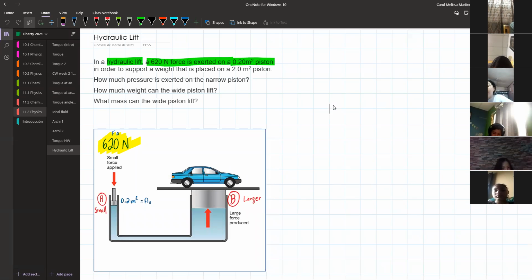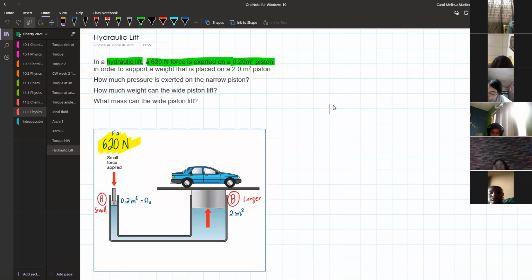Now, what do I know about the second piston? Its area is 2.0 square meters. So I know the area, and it is 2.0 square meters.